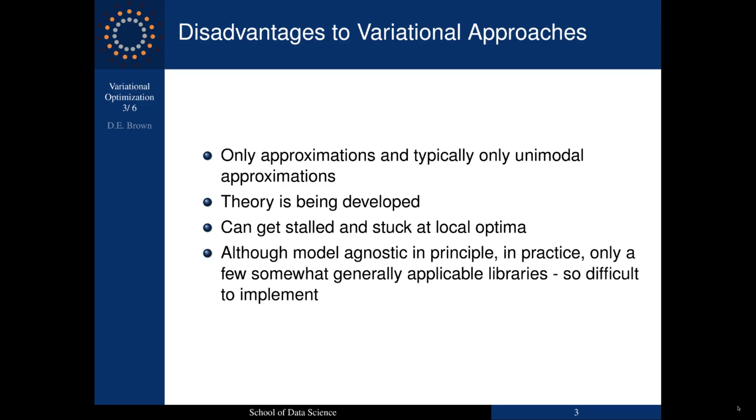And although it's model agnostic in principle, when we formulate the ideas behind variational approximation, it seems to be model agnostic, but only a few somewhat generally applicable libraries are available right now. So it's difficult to implement. You have to actually spend time to implement the optimization.